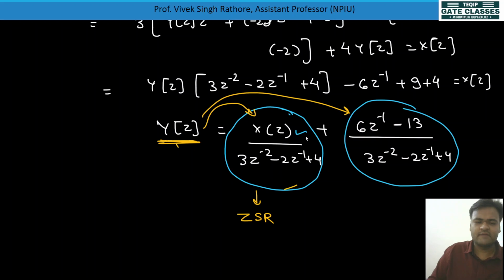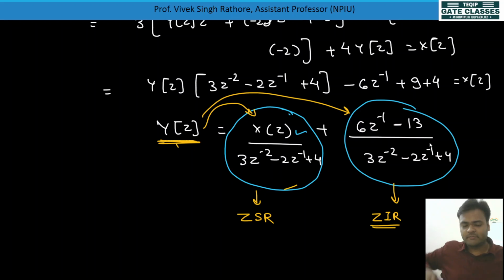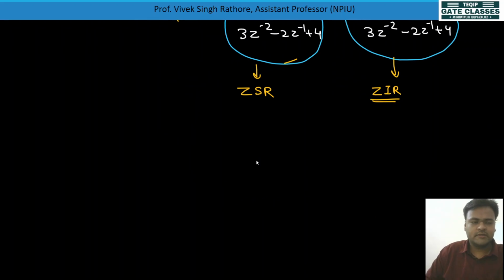This portion has no input, so it is called the zero input response. Means this portion is part of the response and it has no input, that is why it is called the zero input response, and this is called the zero state response.